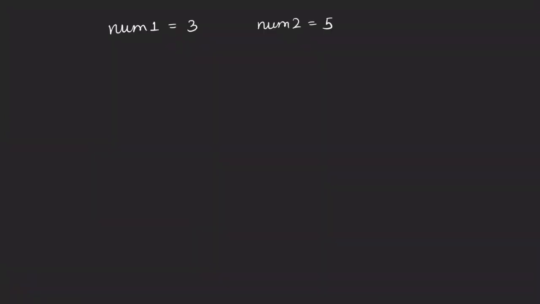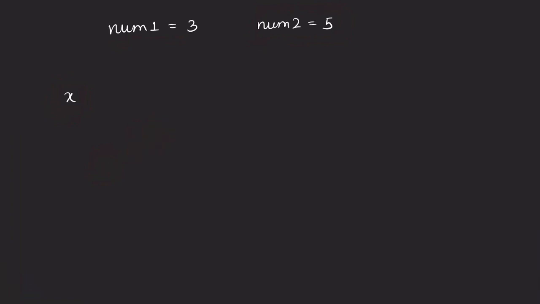So what they are saying is that in the input, we are given two integers num1 and num2. We need to find an integer x such that this x has the number of set bits equal to the number of set bits in num2. Basically, what is a set bit? 1, right? In the binary representation of a number, we have 1 and 0. So this is unset and this is set.